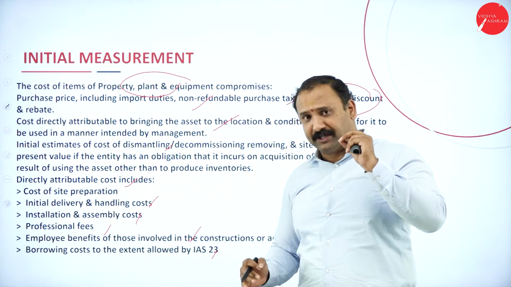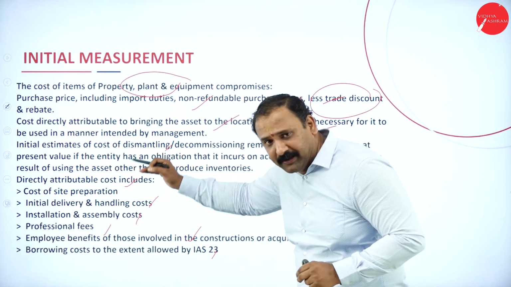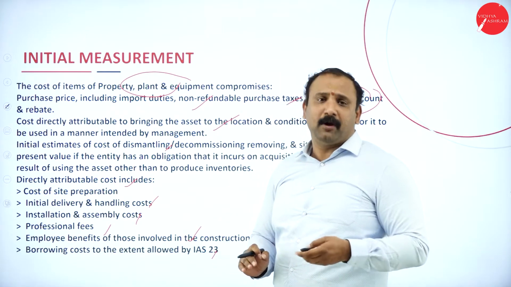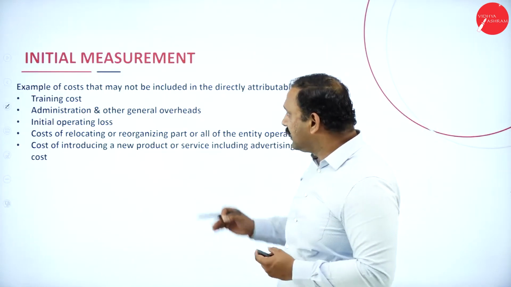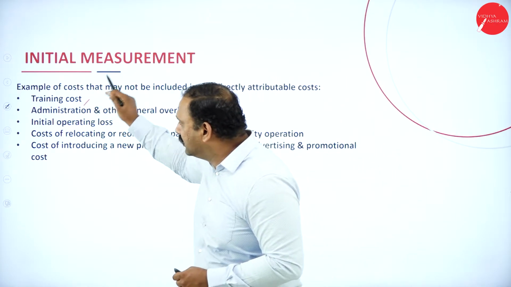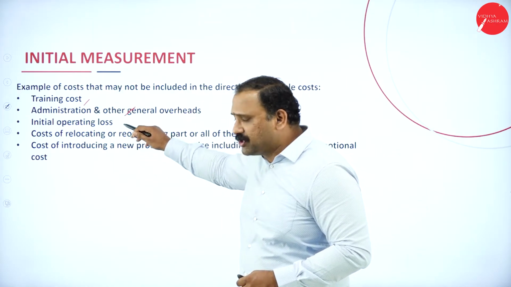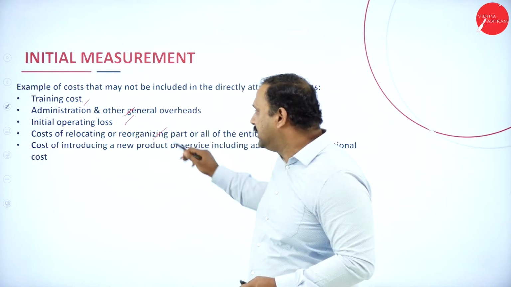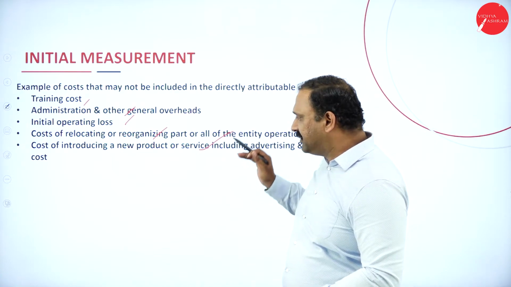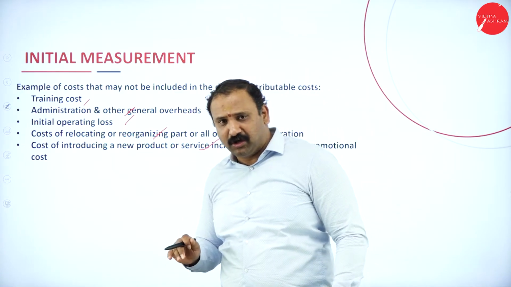All these things have to be measured in getting to the cost price of the property or the plant. The initial measurement will also exclude training cost, administration and operating cost, the cost of relocating, reorganizing, and the cost of introducing a new product or service, including advertising.